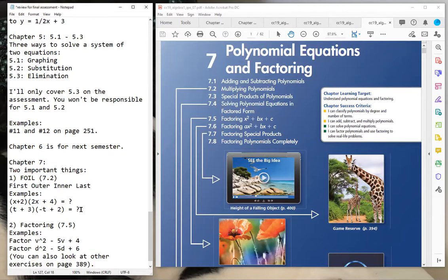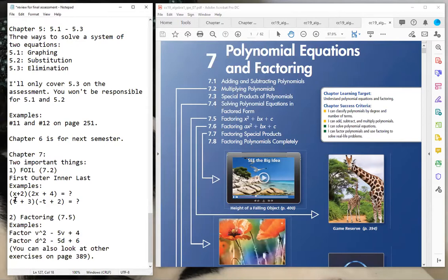Doesn't really matter. So for example, I give you x plus 2 times 2x plus 4. Like, what's that equal to? You FOIL it out, or t plus 3 times negative t plus 2, like use FOIL to find the product. 7.5 is like FOIL in reverse. It's like LOIF.